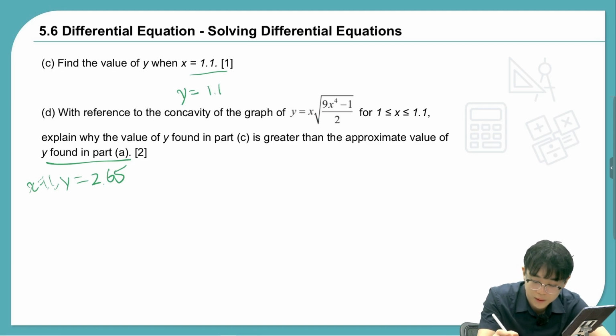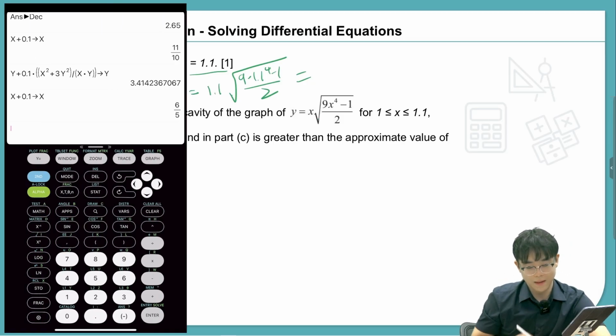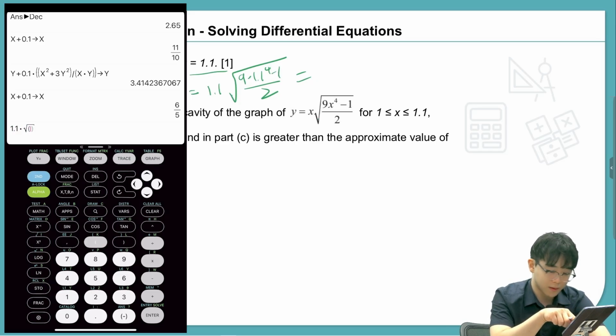So it's 1.1 square root 9 times 1.1 to the power 4 minus 1 over 2. So simply, even if you miss the part in B, you could just plug this in to get a free point. So 1.1 times square root of 9 times 1.1 to the power of 4 minus 1. And then we divide this whole thing by 2.